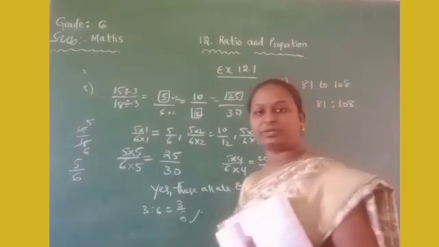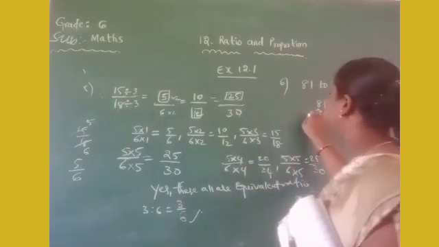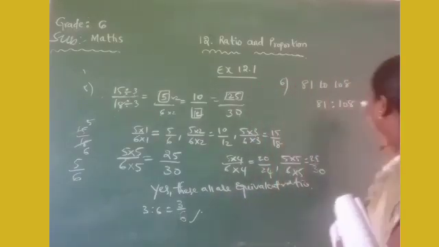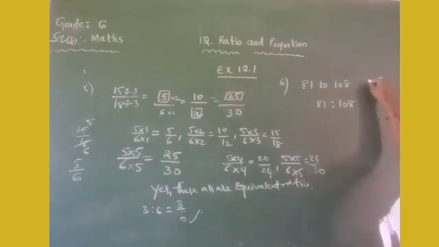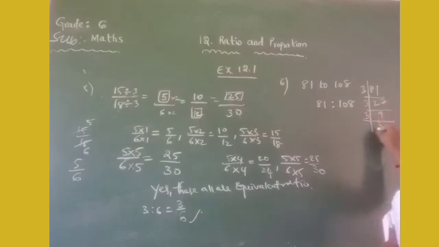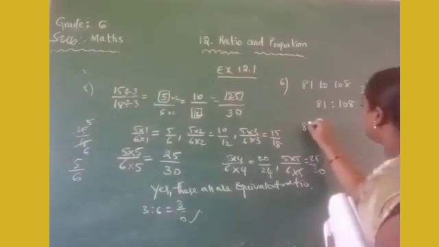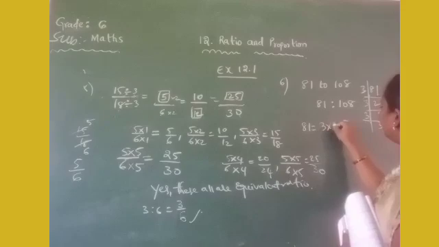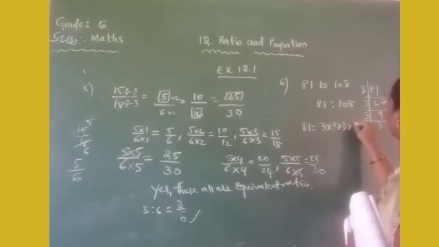If you don't know how to simplify, find the factors of 81. What are the factors of 81? 3 2s are 6, 3 7s are 21, 3 9s are 27, 3 3s are 9. You got the factors of 81: 3 into 3 into 3 into 3.